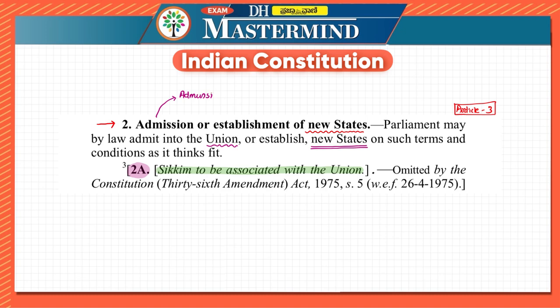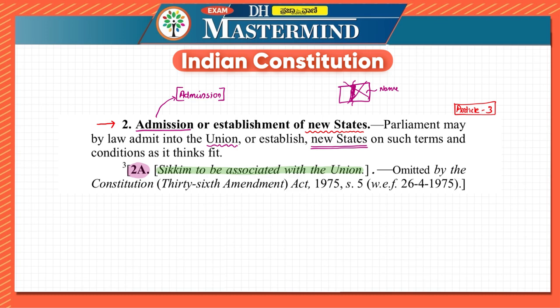It means that a whole new state will come into India. It is not telling that there is one existing state and from that we will remove one part and give it to another state, or change the boundary or the name. It is not telling about that. It is telling about admission of a new state or establishment of new states.